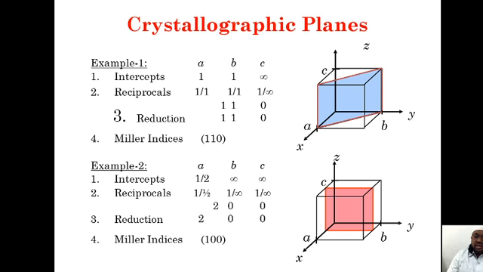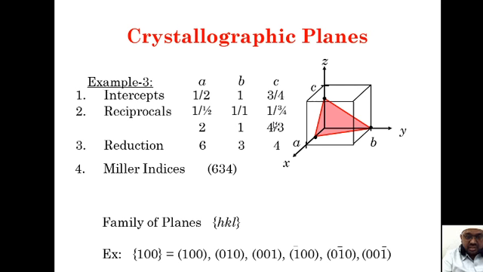This is the procedure you have to follow for each and every case to locate the Miller indices of the given crystallographic planes. Now, for this example 1, I think you got some idea regarding the crystallographic planes and how to locate the Miller indices. Now this is the third example, which we have already discussed, but since it is a revision class, I have taken one example.